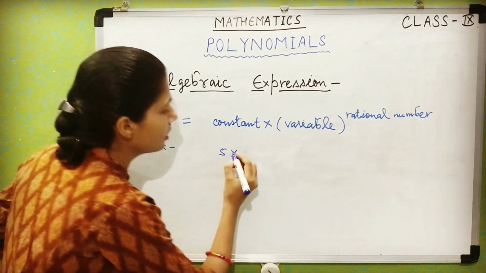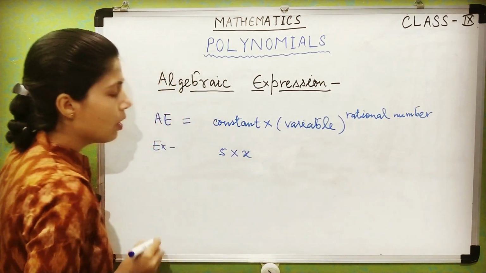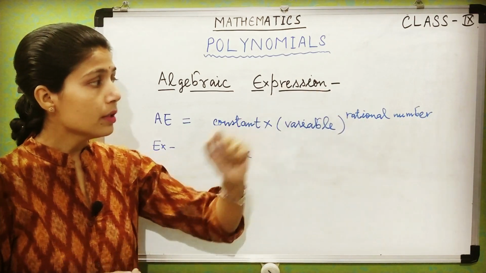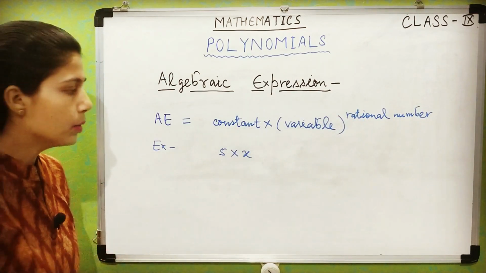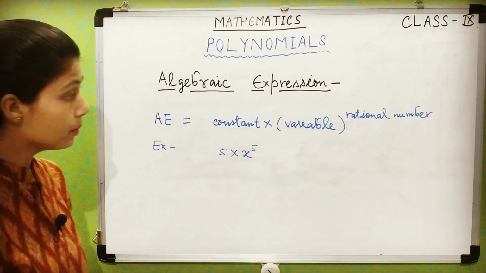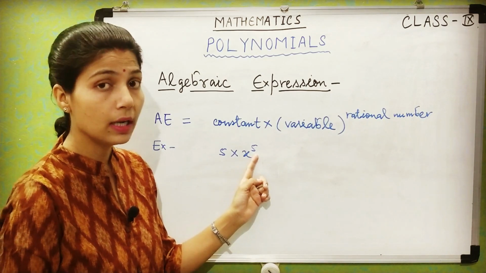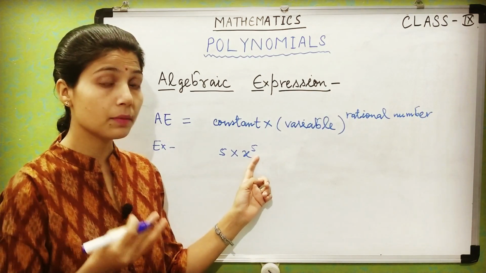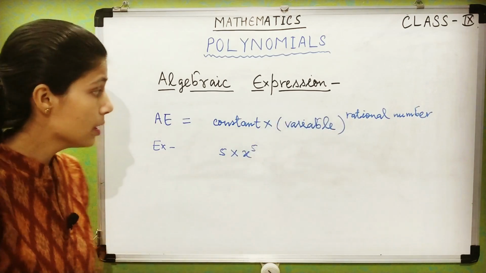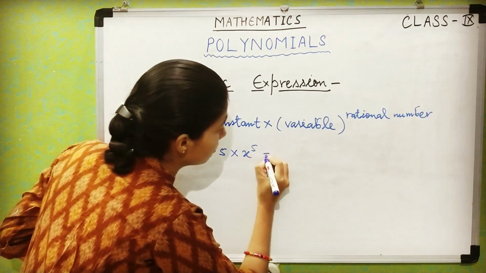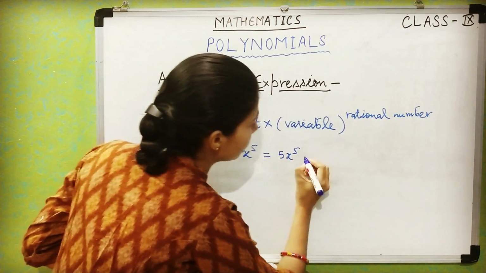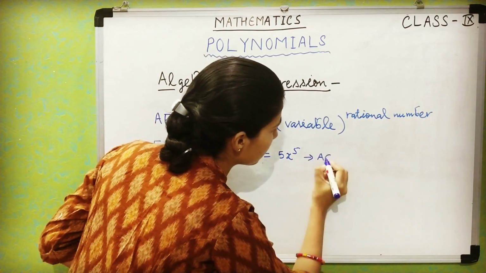So I take here x. 5 into x raised to a power, any rational number. Suppose I have taken 5. 5 is a rational number, a natural number, and we know very well in the first chapter we discussed that all natural numbers are rational numbers. So here this will be 5x raised to power 5. This is your algebraic expression.